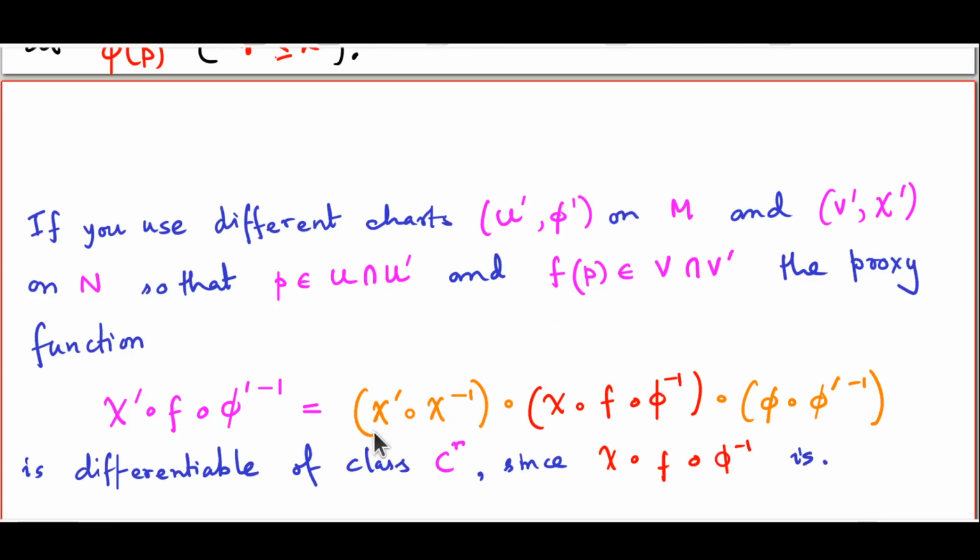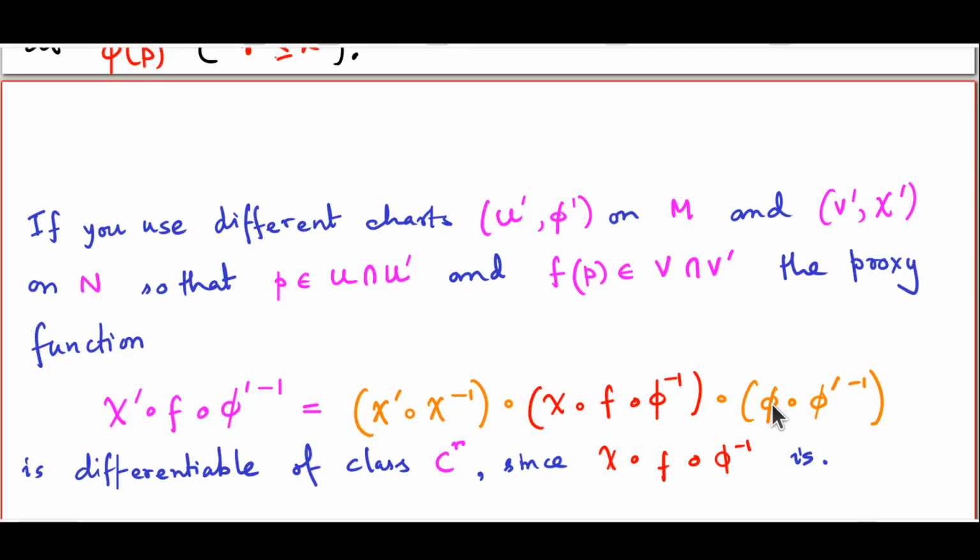So this is the composition of functions, each of which are at least R times differentiable. Remember, R is less than or equal to K. Therefore, the resulting proxy function, the function that we get when we are using different charts, is also differentiable of class C^R. So our notion of differentiability of the function f, which remember is nothing other than the differentiability class of the proxy function, stays unchanged under this change of charts.